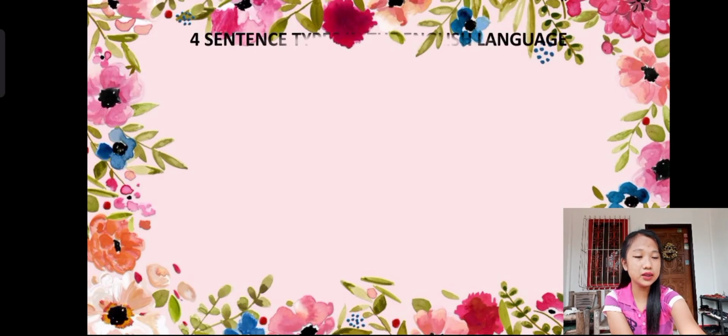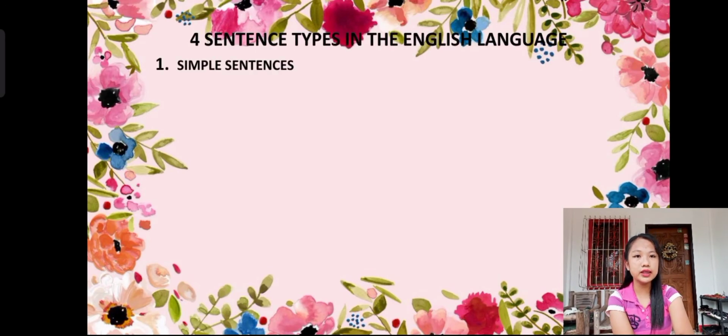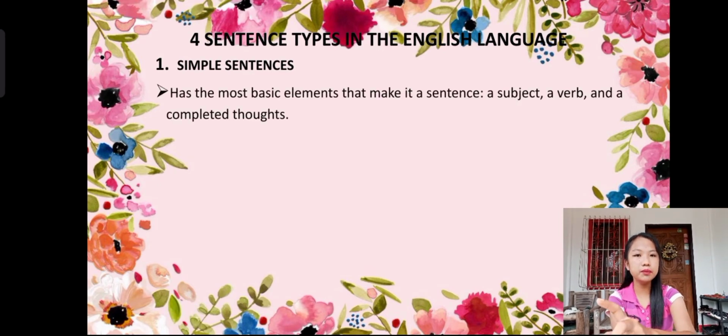Let's move on to four sentence types in the English language. As I said earlier, we have sentence structure. The first one is simple sentences. A simple sentence has the most basic elements that make it a sentence: a subject, a verb, and a complete thought.